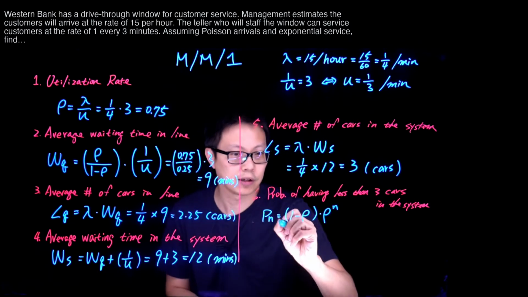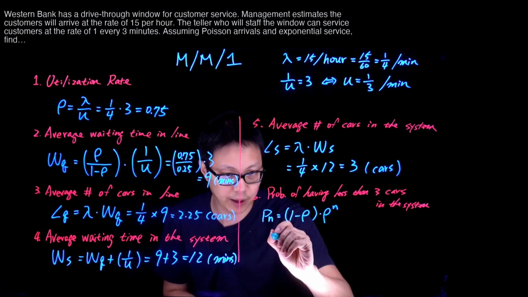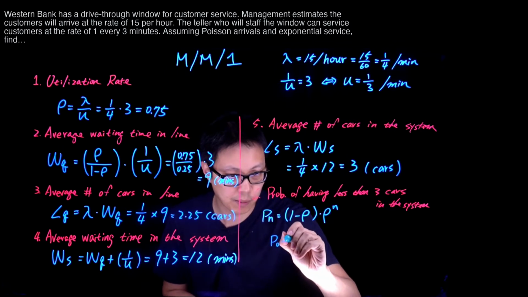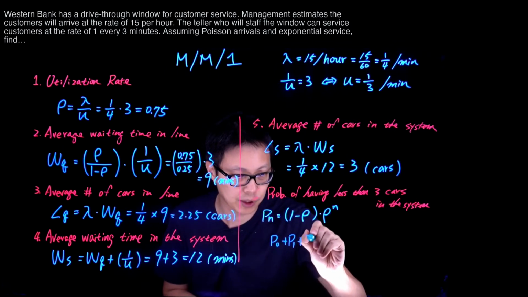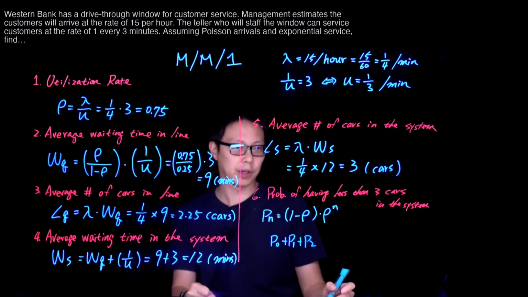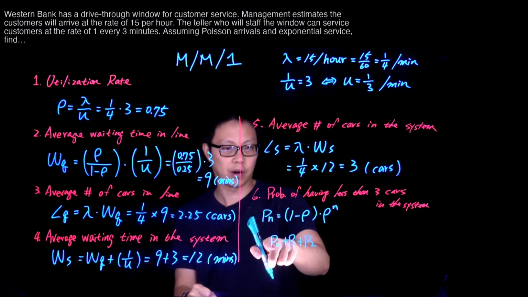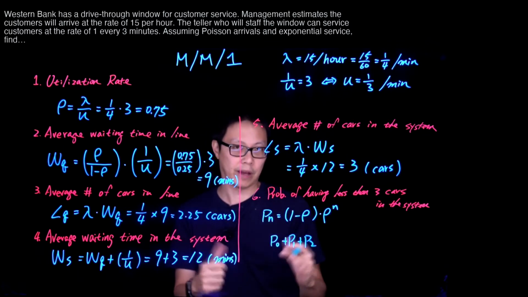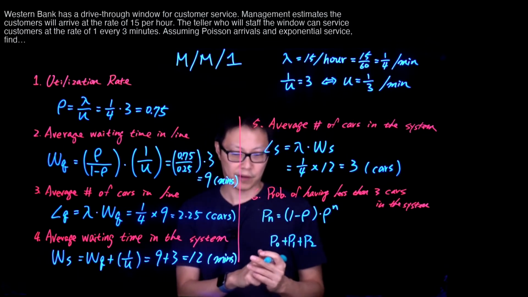So in this case, we want to calculate P0 plus P1 plus P2, because the probability of having less than 3 cars in the system means the probability of having 0 cars plus the probability of having 1 car plus the probability of having 2 cars.